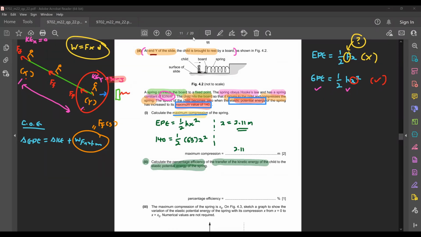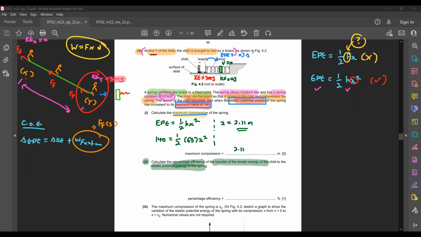So when the child was hitting the board, his kinetic energy should rightly be the kinetic energy at Y. It was 300 joules. So the child kept moving. He pushes against the board, compressing the spring until he eventually comes to rest. So your KE here is going to be 0. Now, as the child was compressing the spring, there will be an increase in EPE because there's increase in compression.